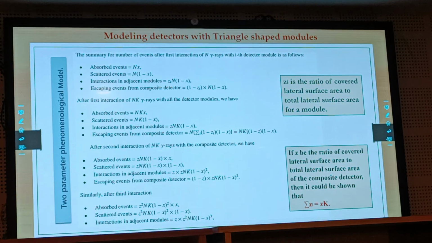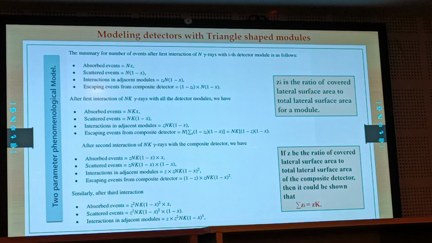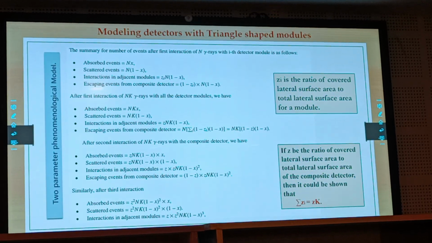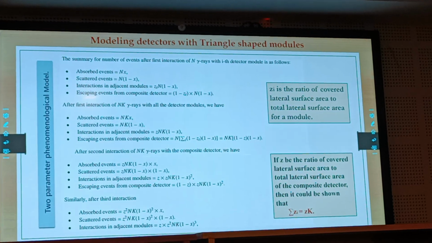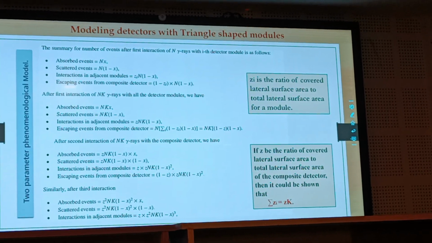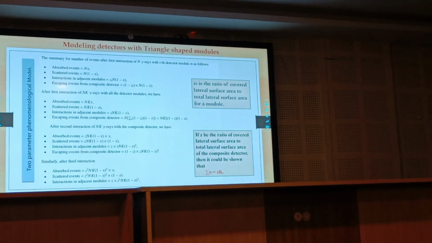For more complex configurations of detectors, the single parameter model gets more complicated. Its calculations become more complicated. In those cases, we use the two parameter model.